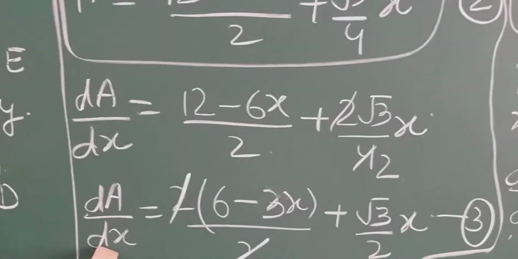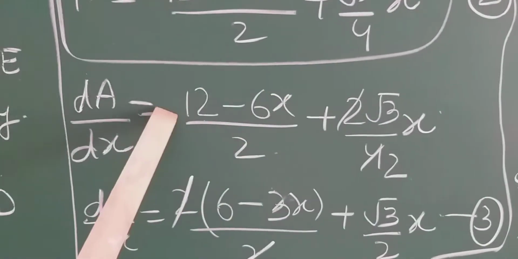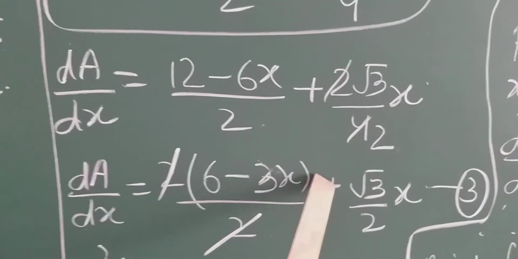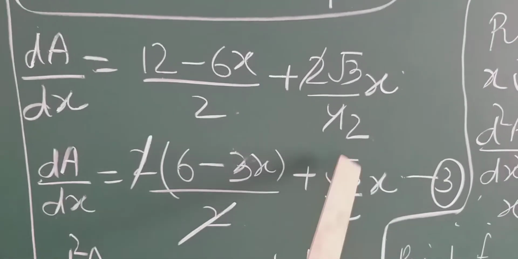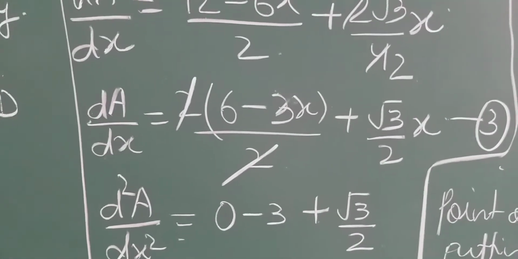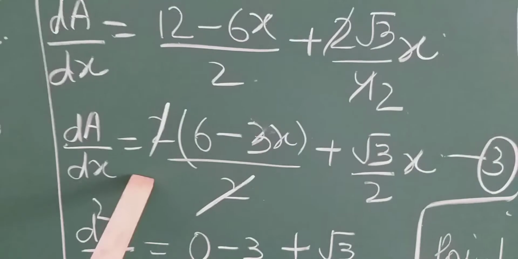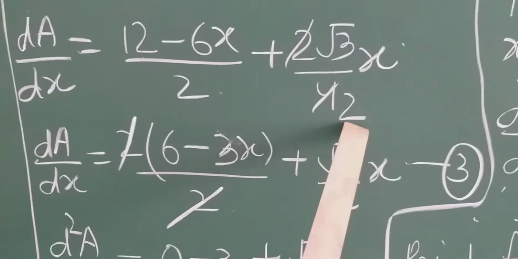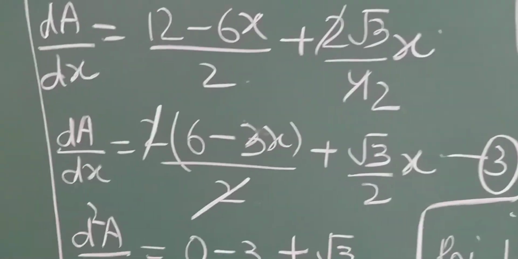So dA upon dx equals to, we can take 2 common here, (6 minus 3x) upon 2 plus root 3 upon 2 x. 2 to cancel. So dA upon dx is 6 minus 3x plus root 3 x upon 2.